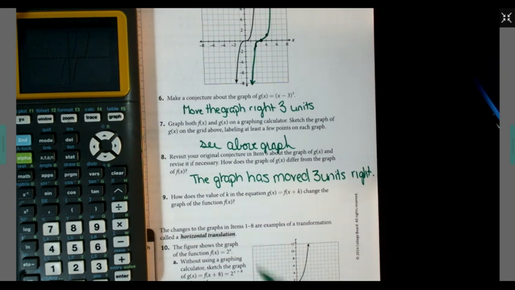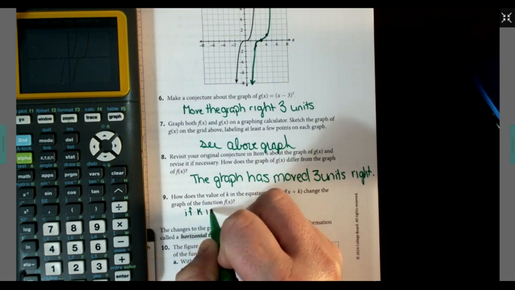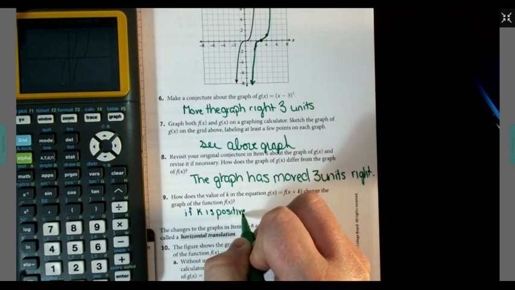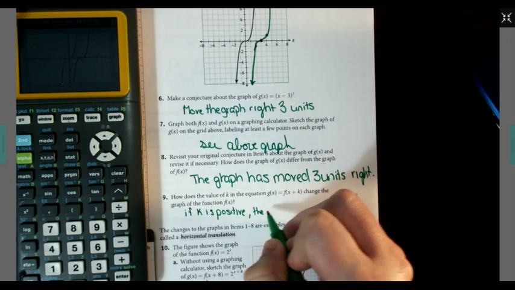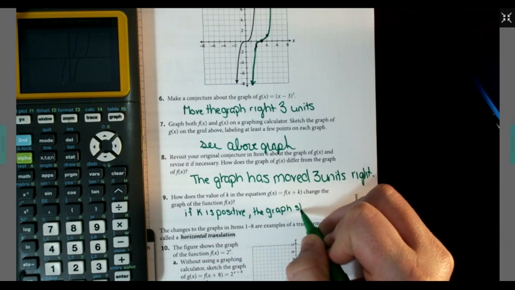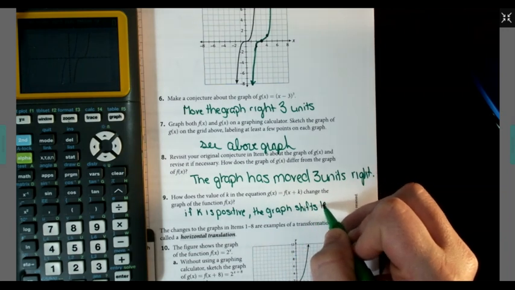If k is positive, the graph shifts left.